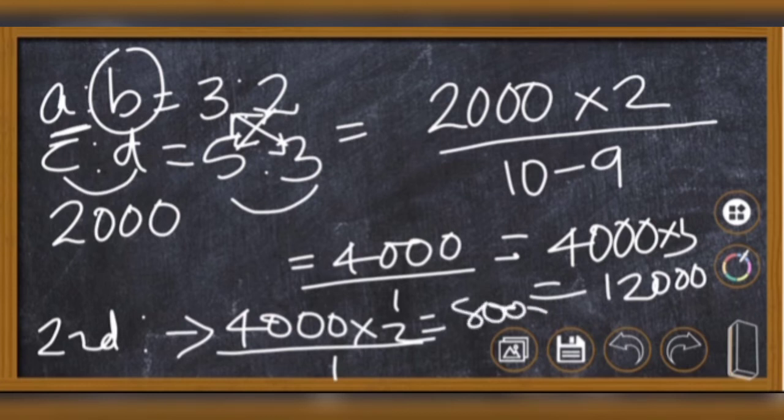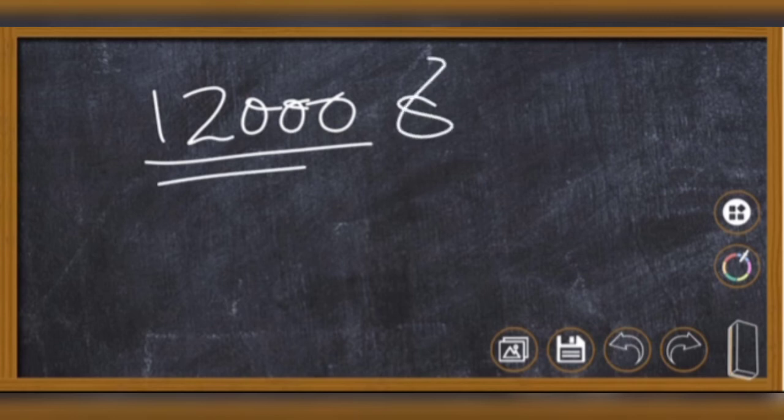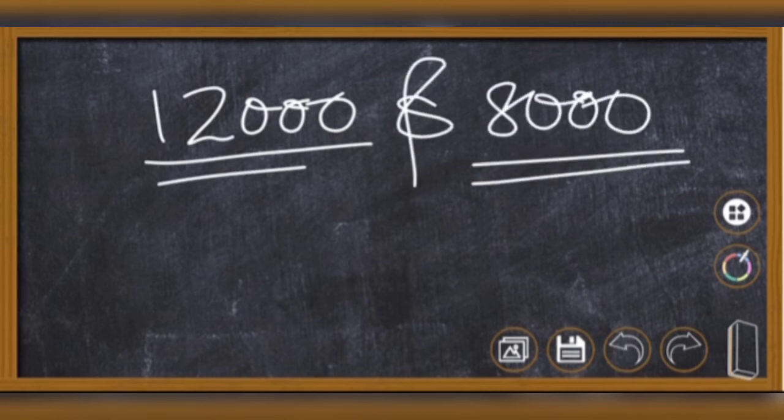So we got the two values: 12,000 and 8000 are the two incomes. If such a question is asked, you can directly substitute these values in the equation and you will get the answers in seconds. So please try to memorize that.